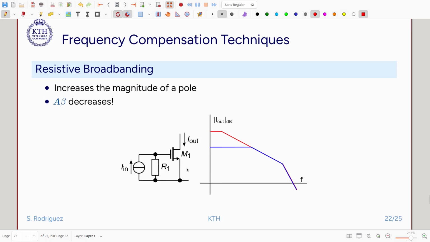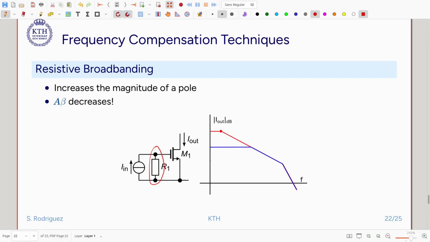The next technique is resistive broadbanding, and the main idea here is that we can change the position of one pole in the transfer function just by adding a resistance. Without the resistance, we will have a pole at low frequencies.